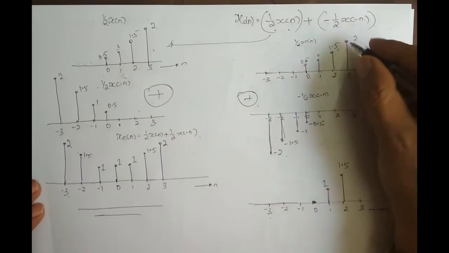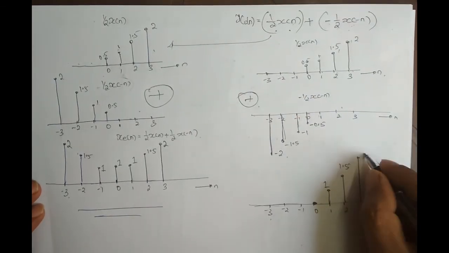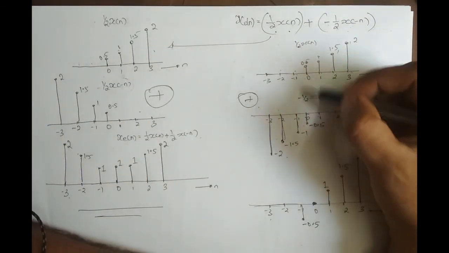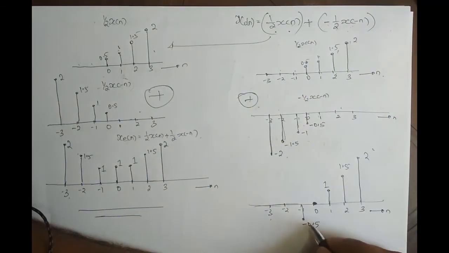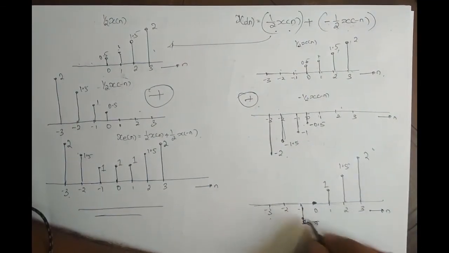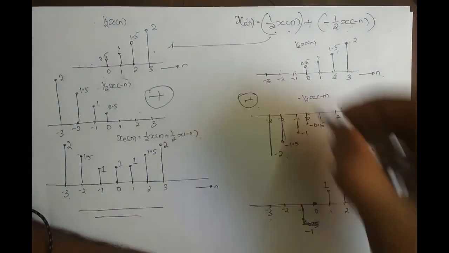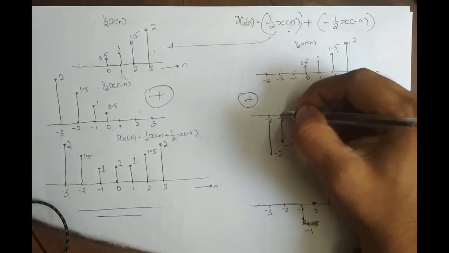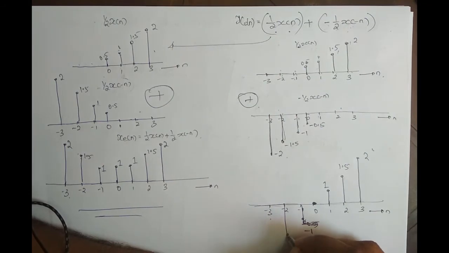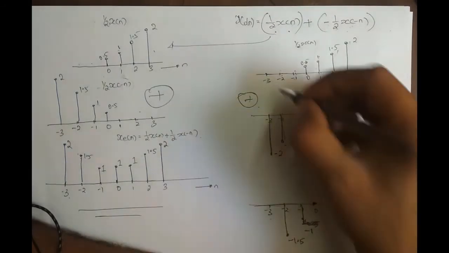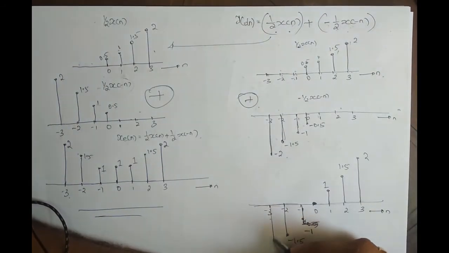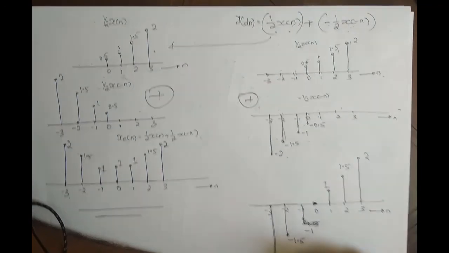At n equal to 3, 2 plus 0 is 2. Right? At n equal to minus 1, it is minus 1, no? At n equal to minus 1, 0 plus minus 1, it is minus 1. At n equal to minus 2, 0 plus minus 1.5, it is minus 1.5. At n equal to minus 3, it is 0 minus 2, which is equal to minus 2.